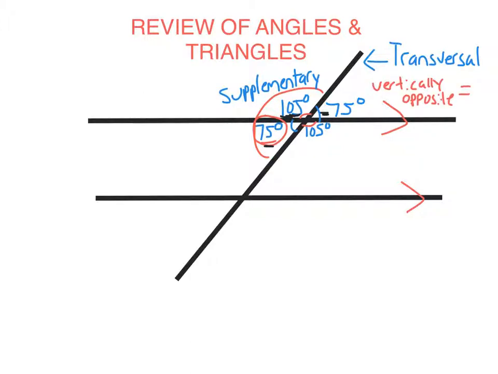So now we need to look at more angles with the parallel lines. Well, it turns out that supplementary angles aren't just angles in a straight line. This angle here and this angle that I've just marked are also supplementary. They add up to 180. So these two angles make a C shape here.